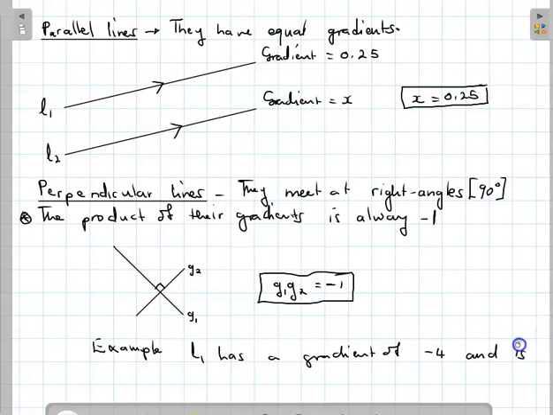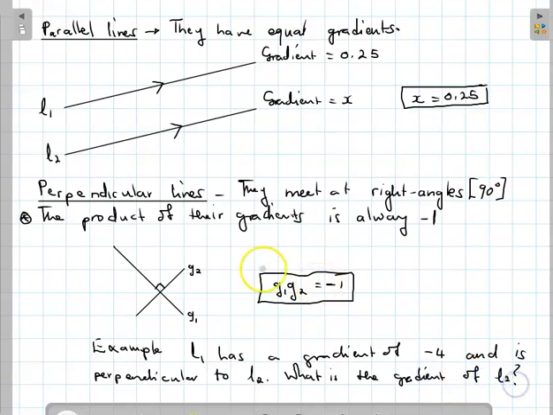Right, and is perpendicular to L2. So the question now is, what is the gradient of L2? So you use this concept.